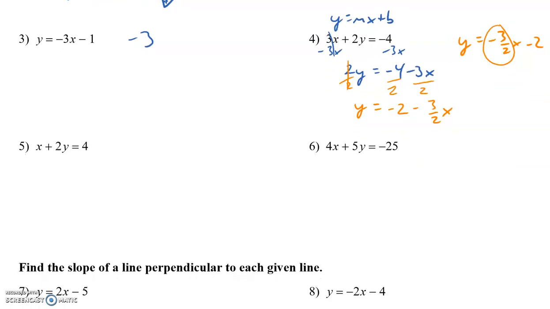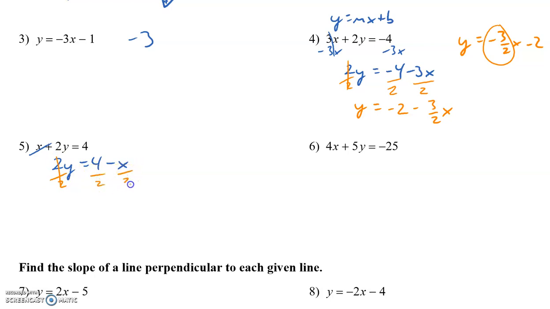Okay, so same thing for this one. It's not in slope-intercept form. So first thing I'm going to do is subtract x from both sides. If I subtract x from both sides, it's going to cancel out here. And this will be 2y is going to be equal to 4 minus x. Then I'd want to divide by 2. So divide by 2 on this side would cancel out.